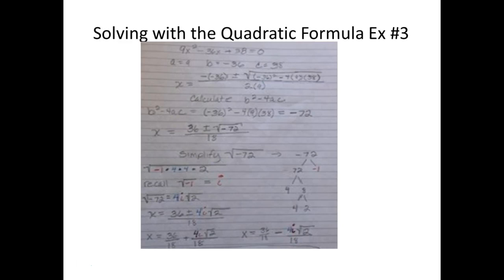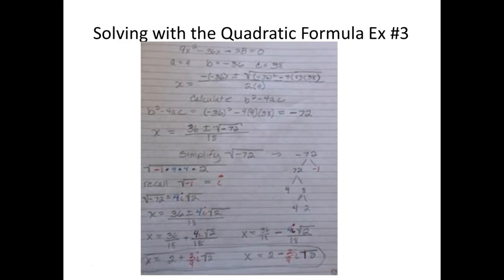Once I do that, I can use the alpha y equal feature of my calculator to help me simplify my fractions. So I would use alpha y equal, put in 36 over 18, and it would tell me that that is 2.